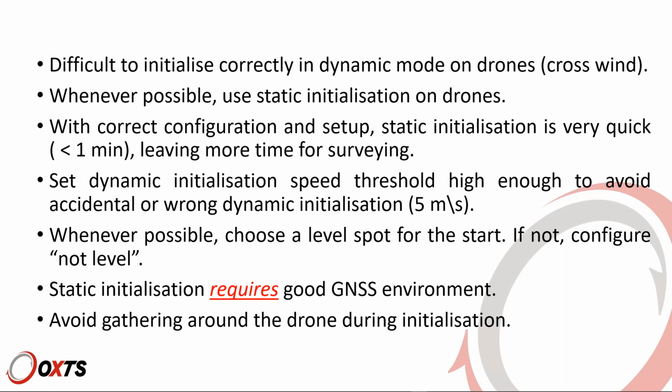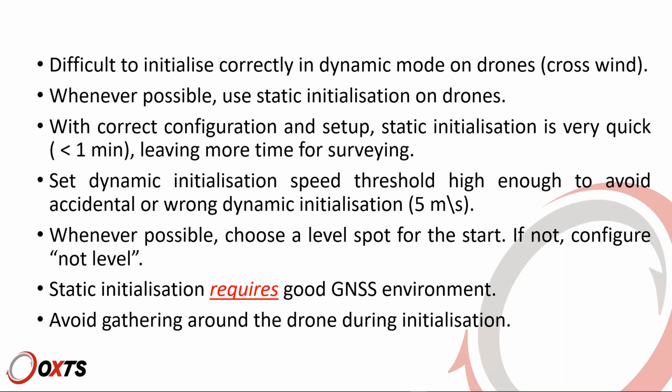If your speed threshold is very low, you might initialize whilst placing the drone in the right spot for it to initialize. So to avoid that, set the threshold high enough, at least 5 meters per second, 10 meters per second if your drone can go that fast, so that you avoid initializing when you do not intend to.